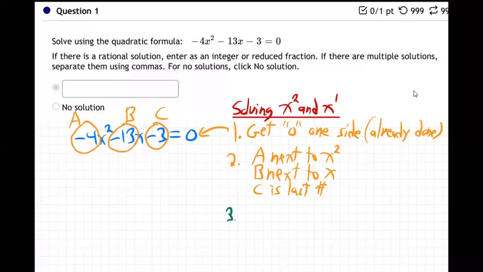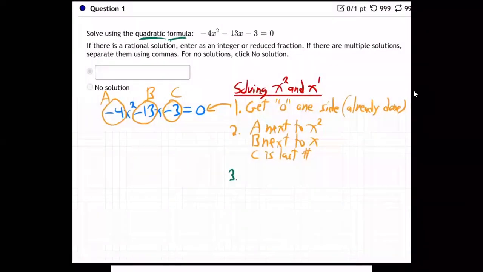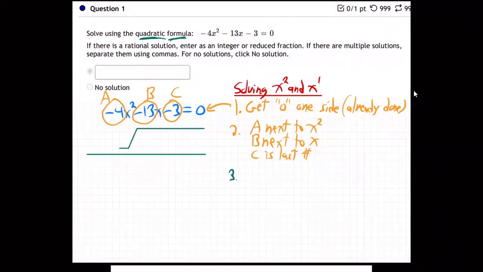Then we're going to use what's called the quadratic formula, which is what? In fact, I'm going to write it right here for you, with a big bar and a big square root. There we go. It's going to be negative b plus or minus the square root of b squared minus 4ac all over 2a.